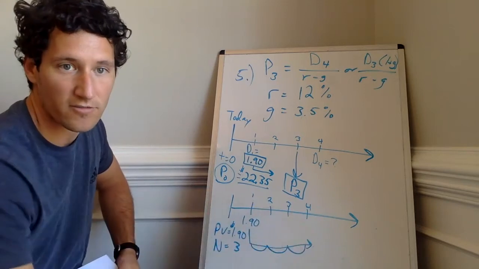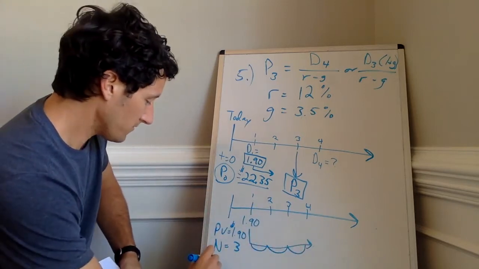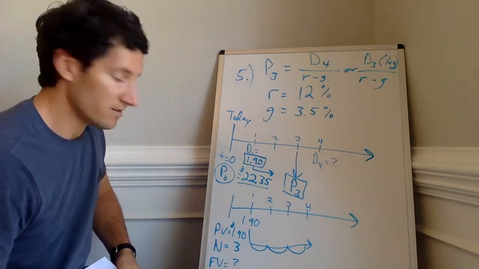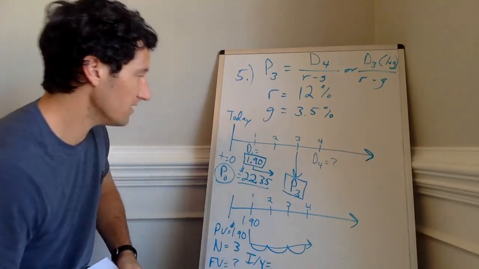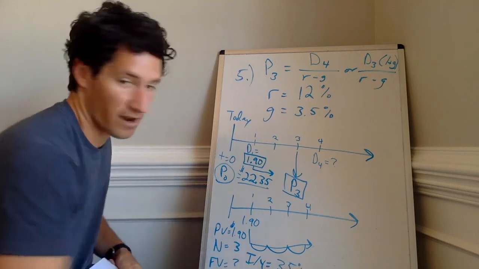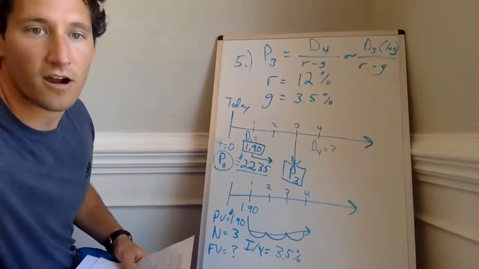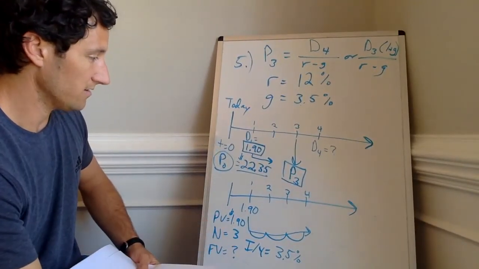We're just trying to figure out what this D4 is going to be equal to. So future value is our unknown. Okay, and then I/Y is 3.5%, an annual rate. All right, so if you plug that in, then you'll get D4.